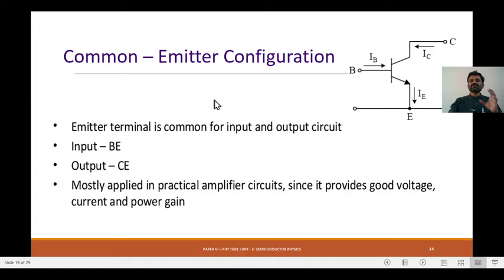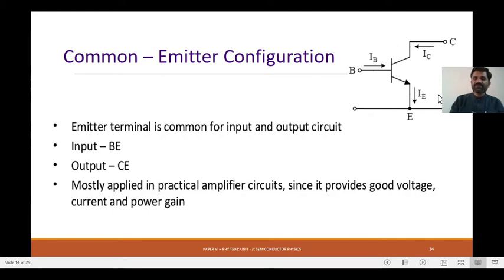So the next configuration is the common emitter configuration. In a common emitter configuration, the emitter terminal is common for input and output. Here the input is the base-emitter terminal, and the output is the collector-emitter terminal. It is mostly applied in practical amplifiers.